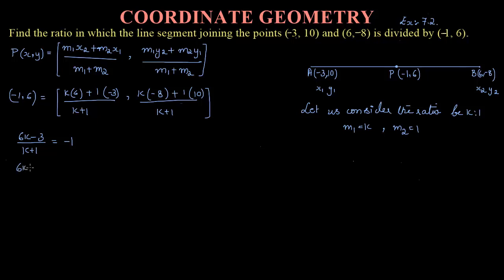So here let me just cross multiply. Minus 3. So minus 1 into k plus 1 we have, right? If I am cross multiplying, then 6k minus 3 is equal to minus 1 into k, which is minus k. Minus into plus is minus, 1 ones are 1, right?